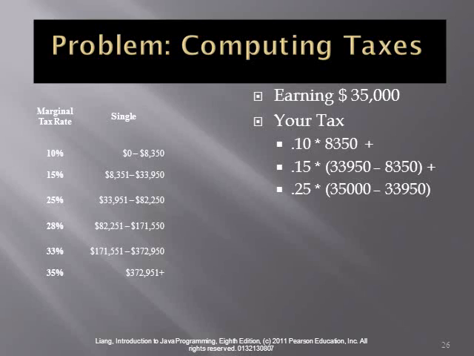So to begin, we'll start with our $8,350. We'll compute the tax on that at 10%. That'll be $835. Now we subtract $8,350 from $33,950 on line 2.